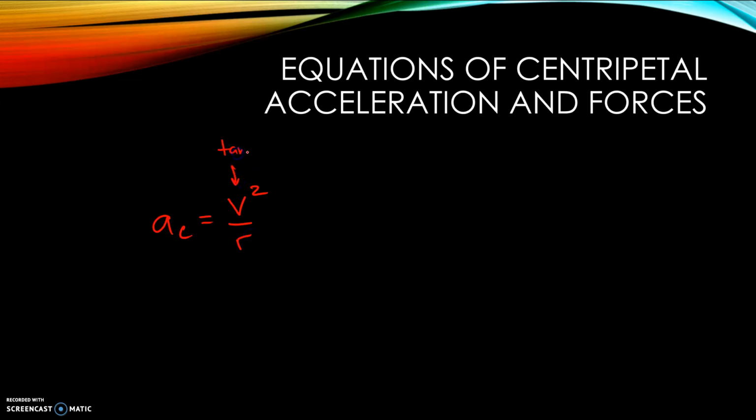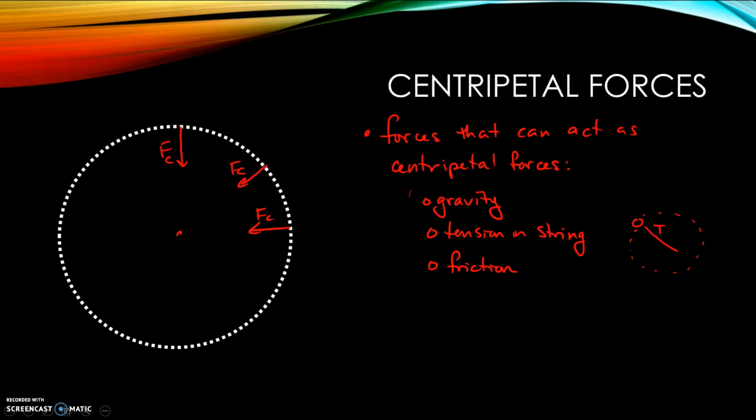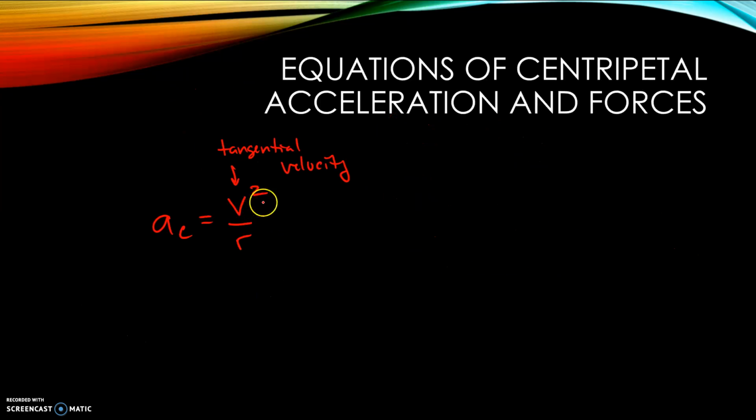This v is my tangential velocity, how fast in meters per second it's moving around the circle. Don't forget to square it, divided by the radius of the circular path that we're following, in meters.